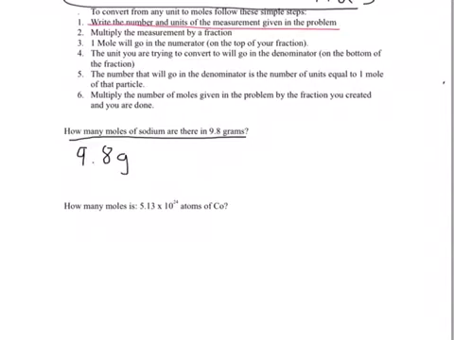The second step says multiply the measurement by a fraction. So I'm going to multiply this by a fraction, just like I did in the previous problems. The third step says 1 mole will go in the numerator on the top of your fraction. I should probably include that this is sodium, Na.